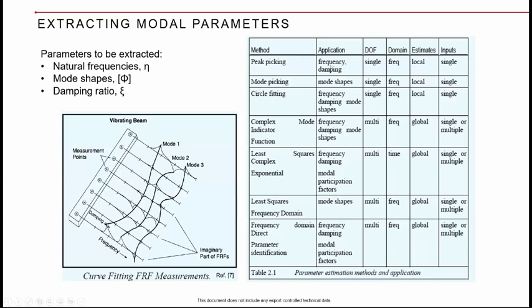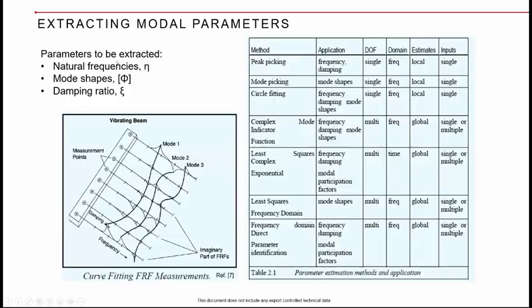Here mode shape will not be possible because it is just peak picking around that particular point. Whereas mode picking and circle fitting methods will give you the frequency, damping, and mode shapes as well. Similarly, you might have come across various curve fitting approaches. Such approaches can be utilized to get the parameters at a global level directly.